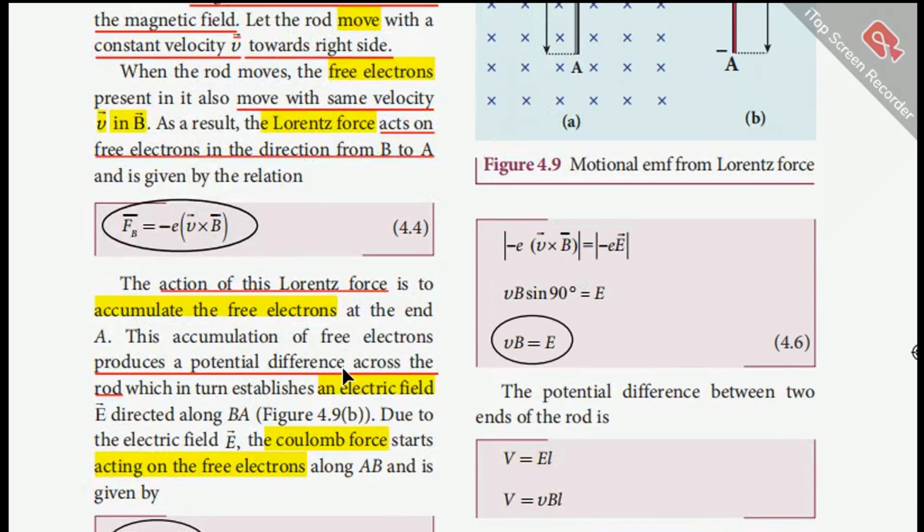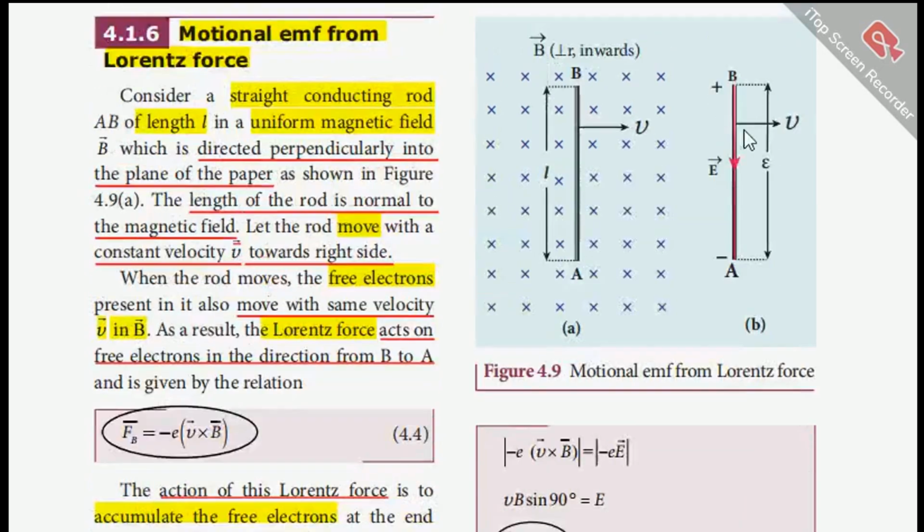This accumulation of free electrons produces a potential difference across the rod, which in turn establishes an electric field E directed along BA, as shown here. So the electric field E is created, and this end is considered to have a positive charge, and here at this end there is a negative charge. Because of this potential difference, there will be an EMF induced in this conductor.